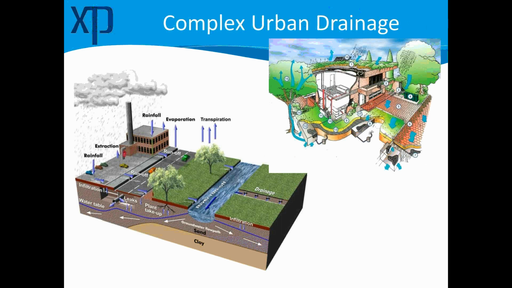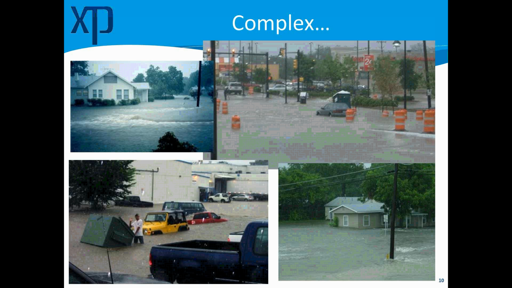However, as we look at that complex urban drainage environment again, we see that it may not be so much following those nice, neat assumptions. In fact, what we find many times is it's extremely complex and does not follow those 1D assumptions.